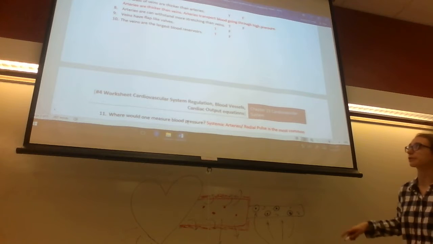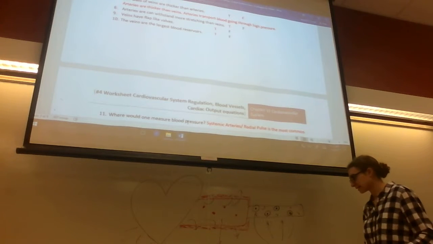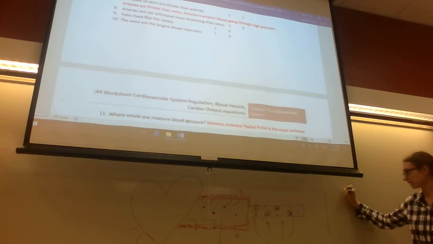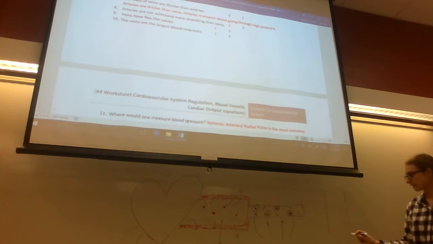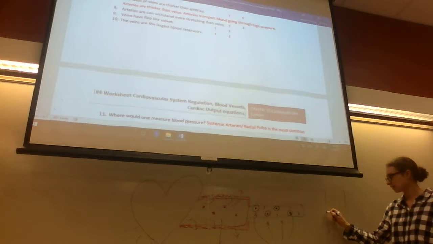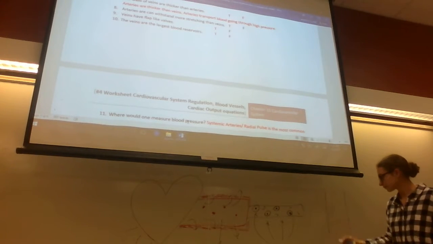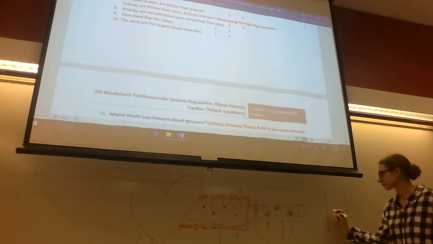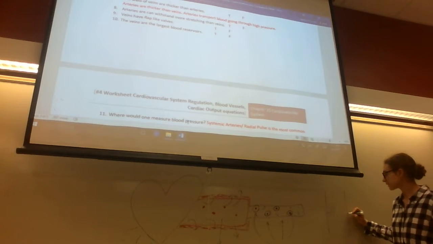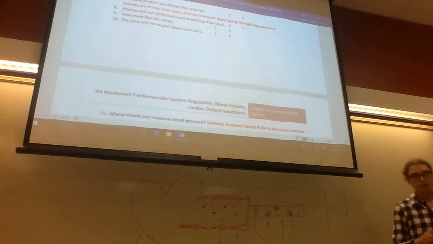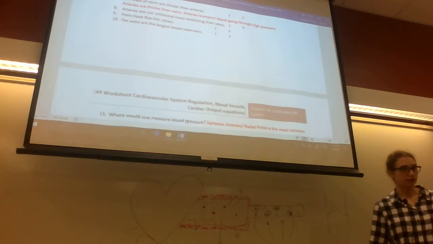But jumping back to number 9, veins have flap-like valves, okay? So here's your vein, and here are your valves. Make your valves in green. So valves are just things in veins that... so arteries really have it made, okay?